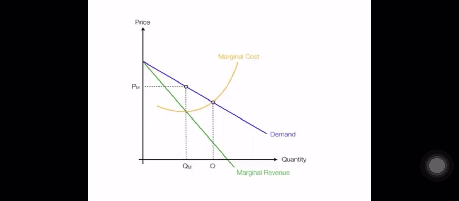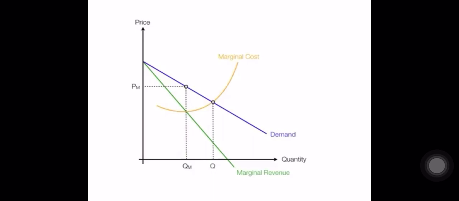What is this point? This is what we call the socially optimal equilibrium. Meaning, if this is not a monopoly, if there are other players in the market, or if this is a perfectly competitive industry or market, then that point should be the socially optimal price and the socially optimal quantity.